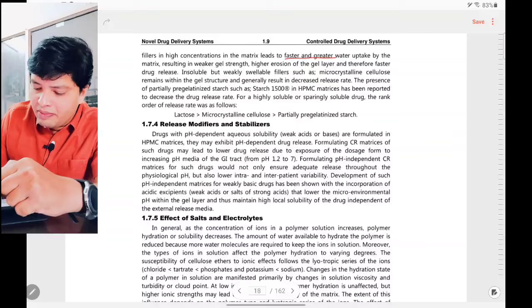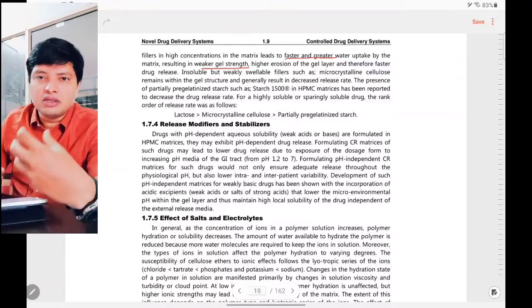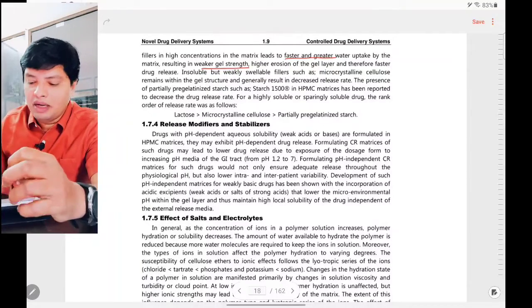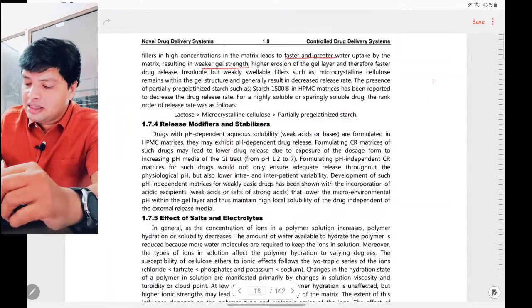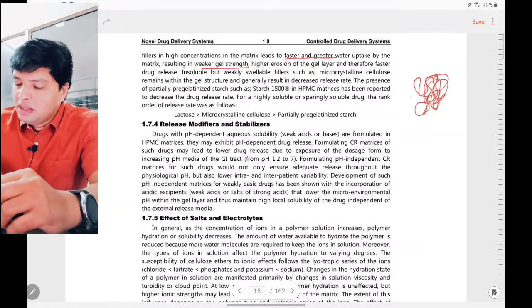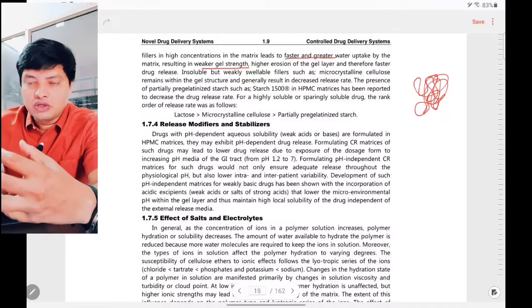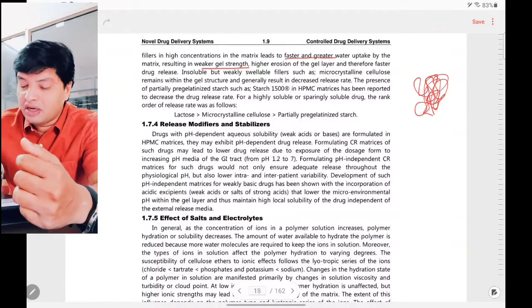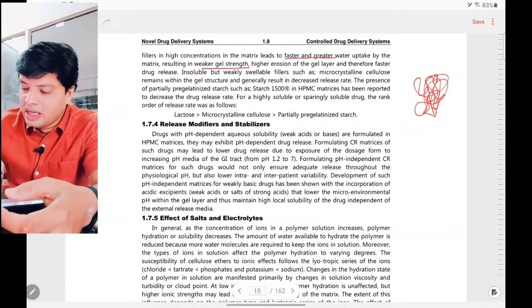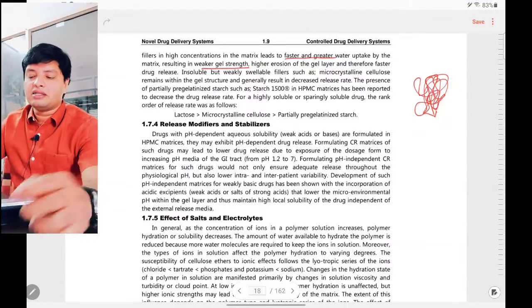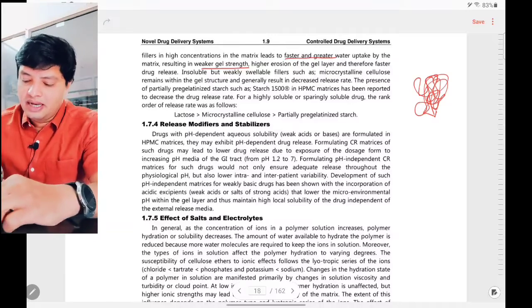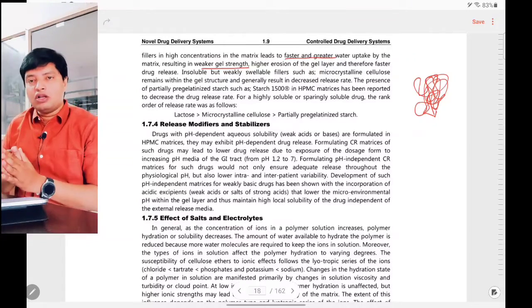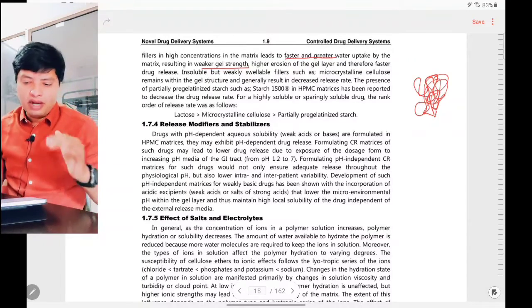So there will be weak gel strength. Whatever gel is formed by that polymer will be very weak. We want the polymer gel strength to be more because it will retard the release of the drug. If the gel strength is not there, it won't retard the release, hence it causes problems in designing. So try to avoid soluble fillers if your polymer is also hydrophilic.